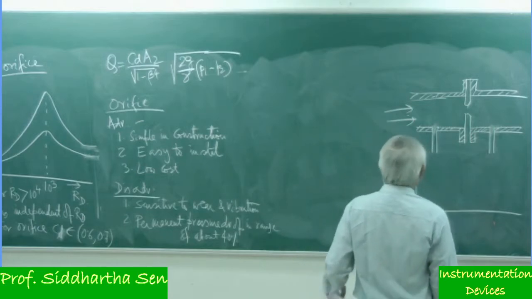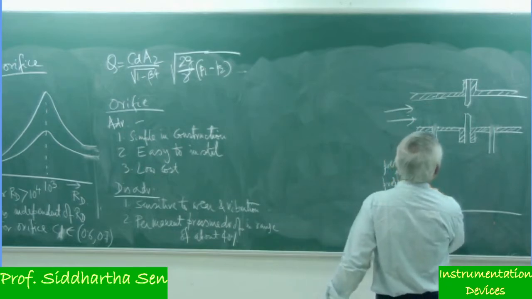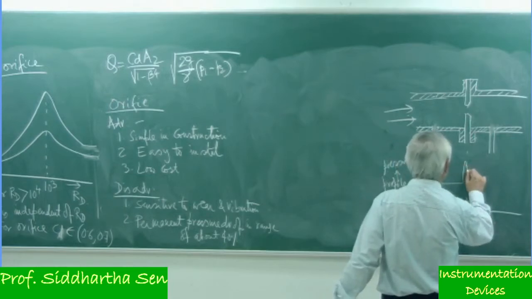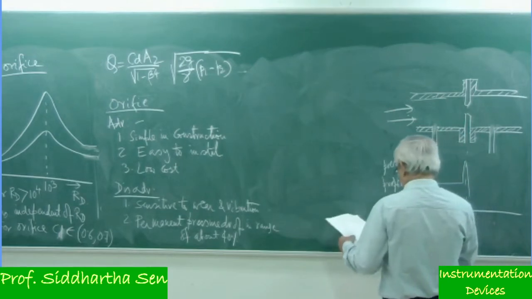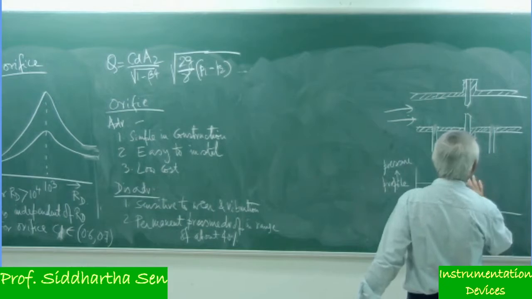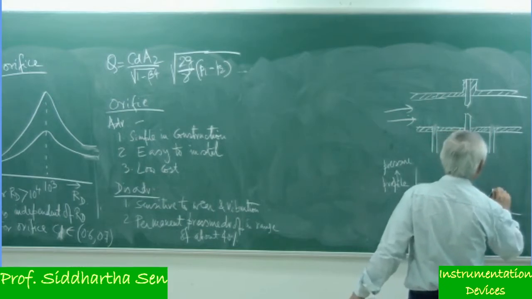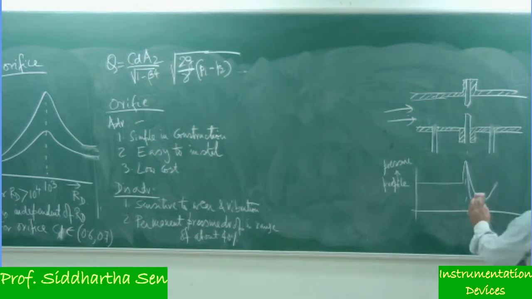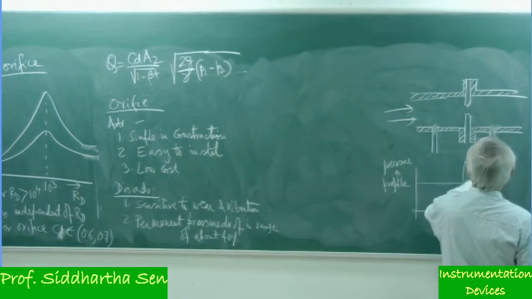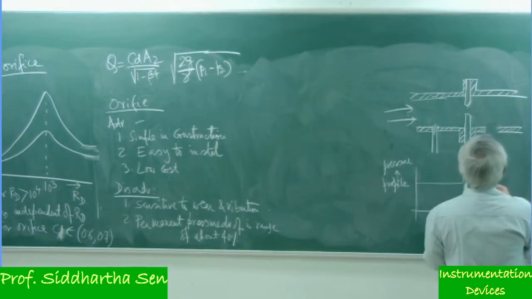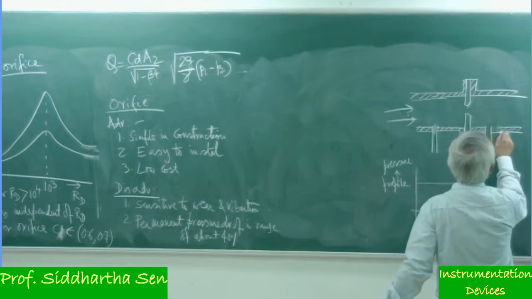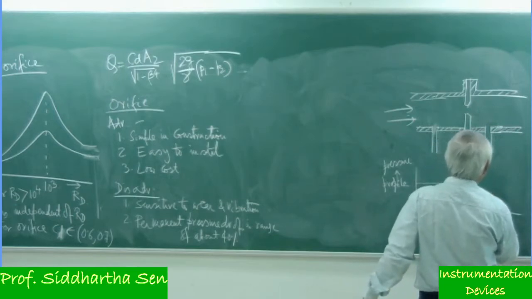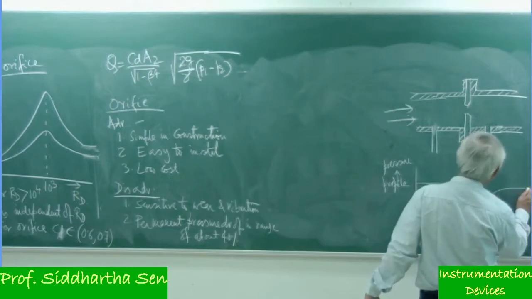Suppose the pressure profile was like this: just before the orifice it will rise, and then after the orifice it will come down, and after that it will slowly rise.